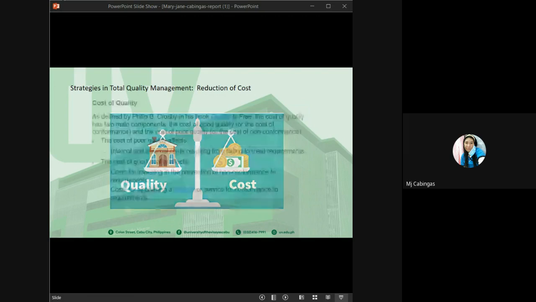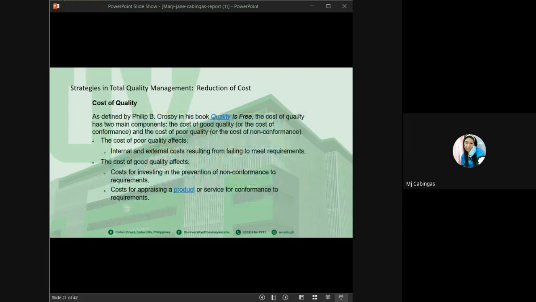So cost of quality. As defined by Philip B. Crosby in his book Quality is Free, the cost of quality has two main components: the cost of good quality or the cost of conformance, and the cost of poor quality or the cost of non-conformance.